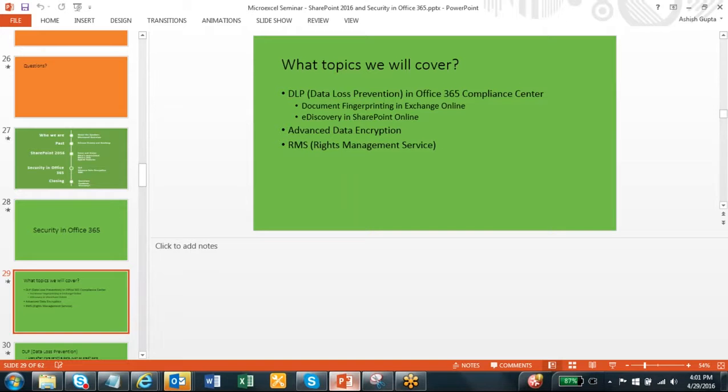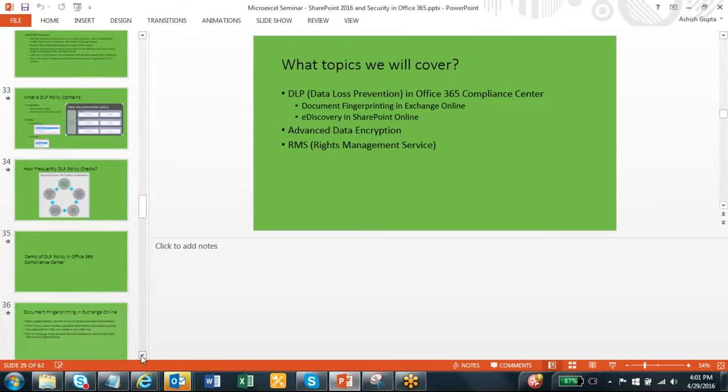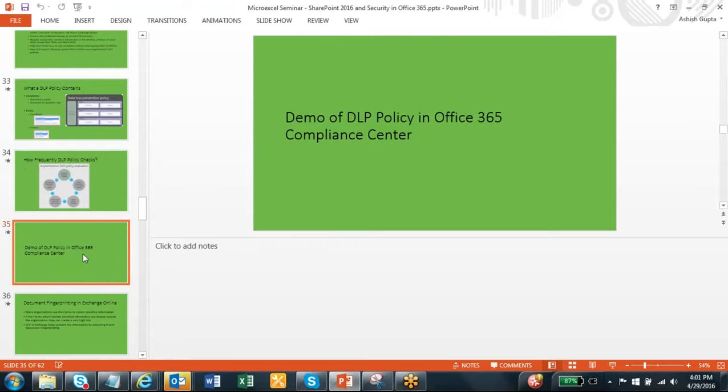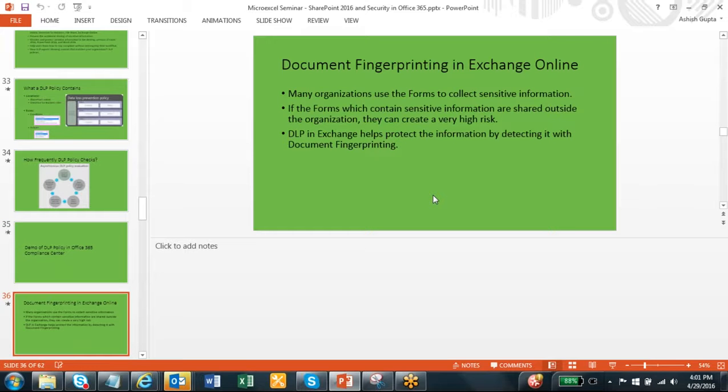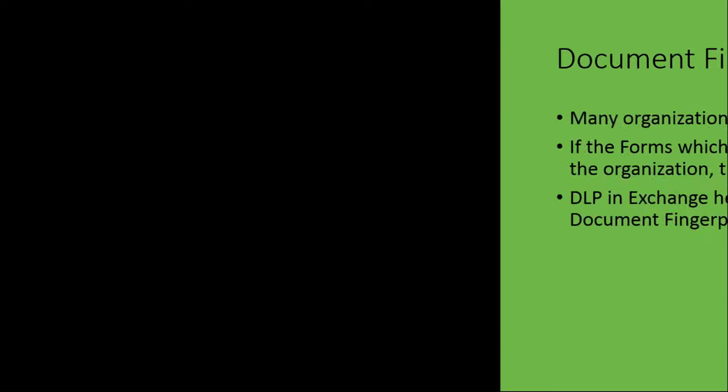So let's go back to our presentation. We covered the DLP policies from the Office 365 Compliance Center. Now let's see document fingerprinting in Exchange Online. What is this actually?